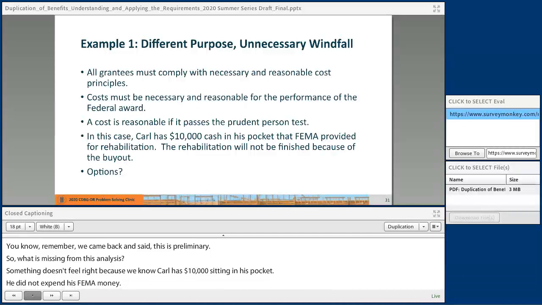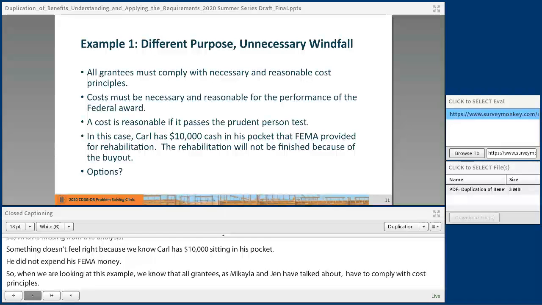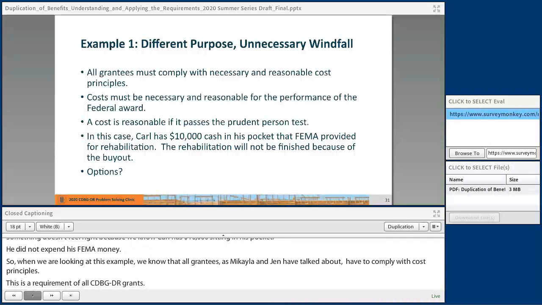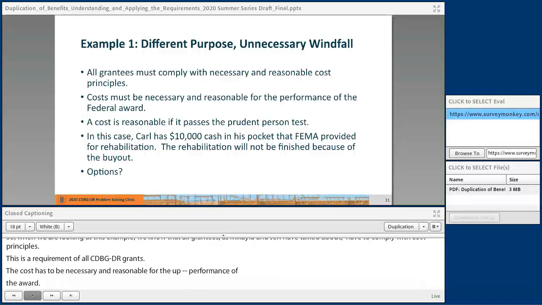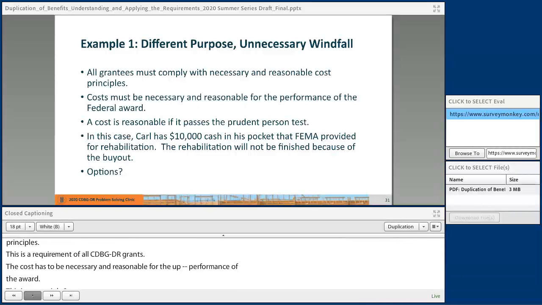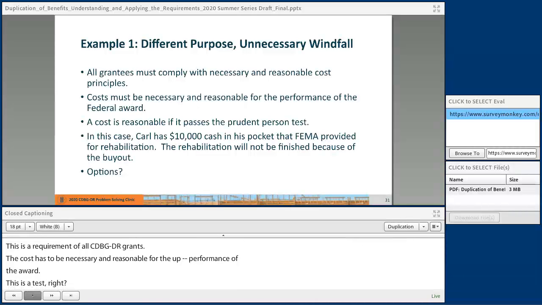This is a requirement of all CDBG-DR grants, and it applies to every single expenditure. So the costs have to be necessary and reasonable for the performance of the award. And the reasonableness test is really a prudent person test, right? What would you do if you were a prudent person trying to decide how to expend non-federal dollars? If Cautious County was going to use Cautious County's own funding, how would it make a decision in this case?